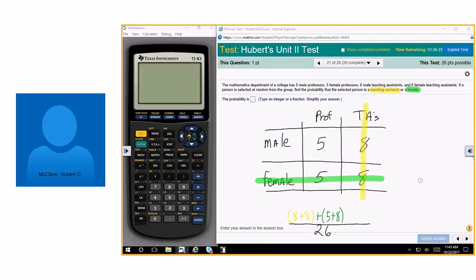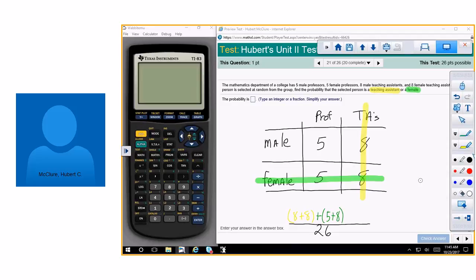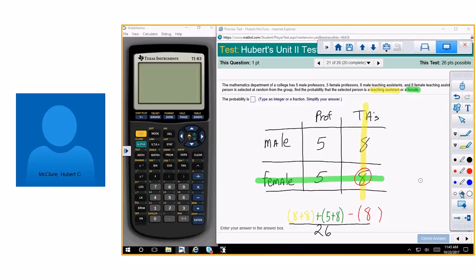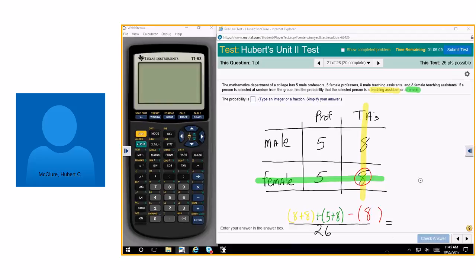And then I always subtract the what? And what is the overlap? 8. So 16 plus 13 is 29. 29 minus 8 is 21. I got 21 over 26. What'd y'all get?